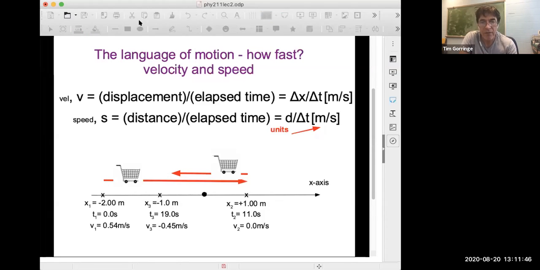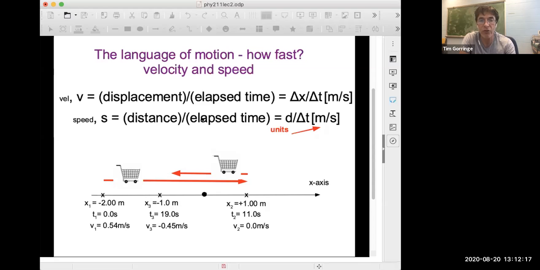The velocity is defined by this equation. The speed, which is different, is defined by this other equation. Velocity in physics we define as displacement over the elapsed time for the trip, whereas speed we define as distance over the elapsed time for the trip.